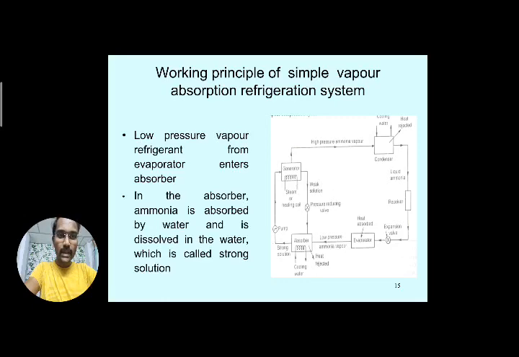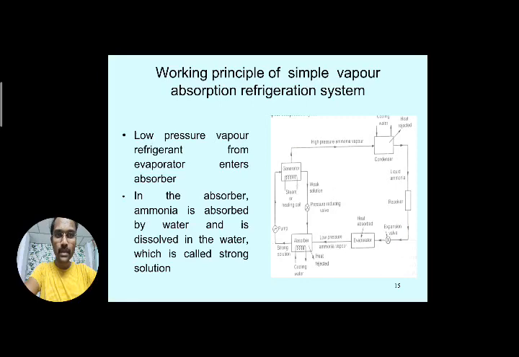Next, what is happening in the absorber? Now, in the absorber, ammonia is absorbed by the water. As I already told, from the generator the weak solution, meaning a low quantity of vapor and a large quantity of water, is sent through the pressure reducing valve.